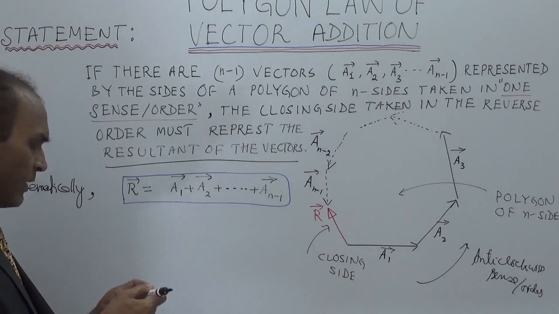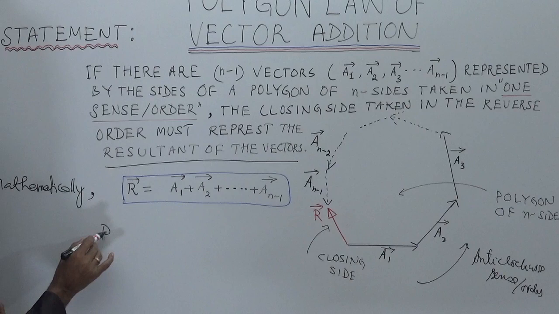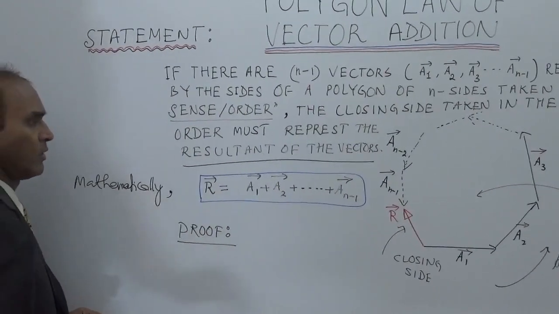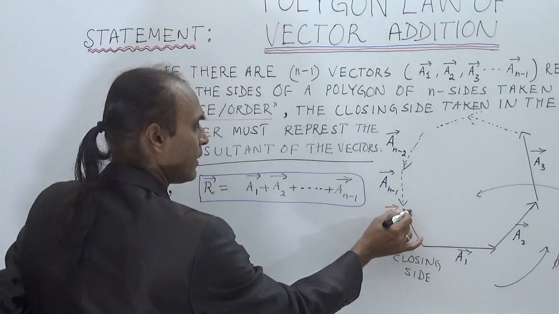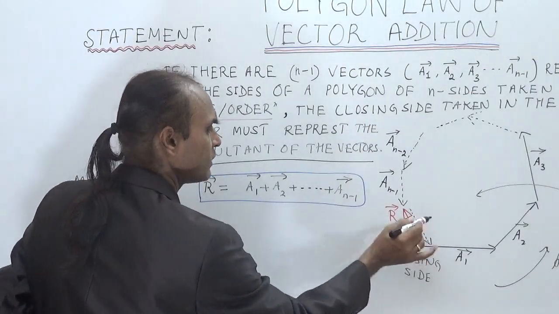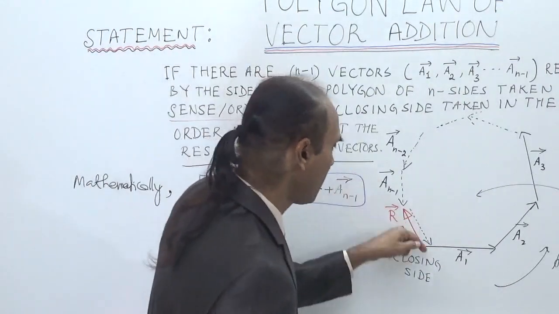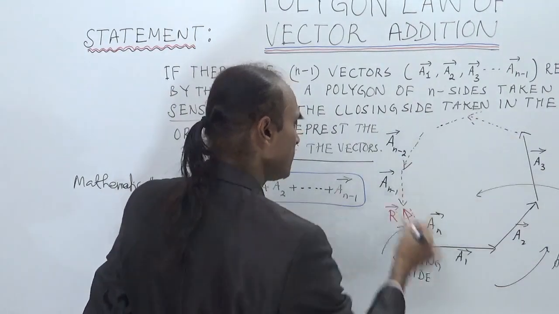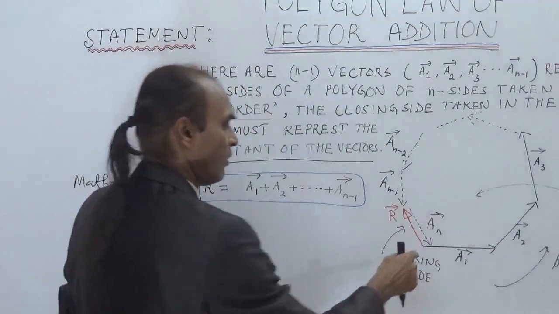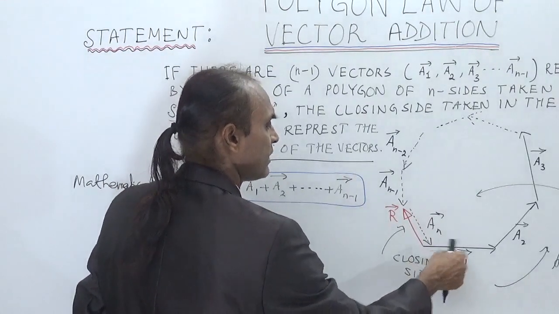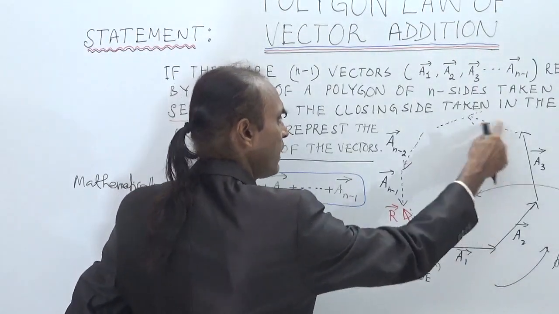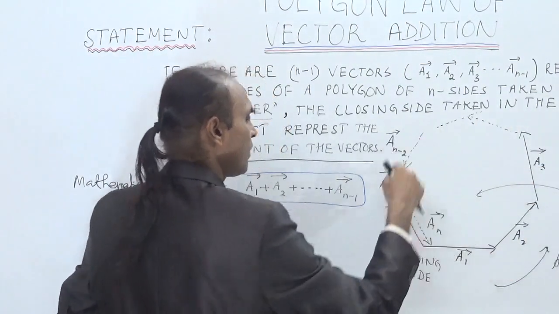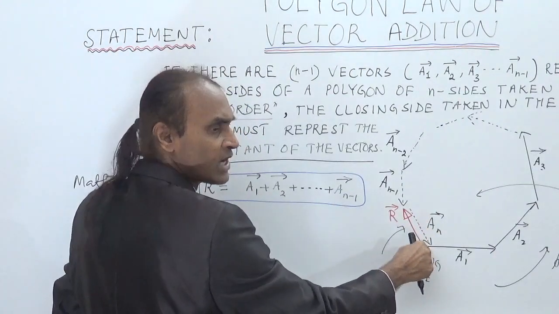And the proof is very simple. Let us take the closing side as a vector, but in anti-clockwise sense, let it be an. So all the sides taken in a single order. Suppose let us take this vector as displacement. When you move in this way, undergoing n displacements, S1, S2, S3, S4 up to Sn, you are coming back to the original position.